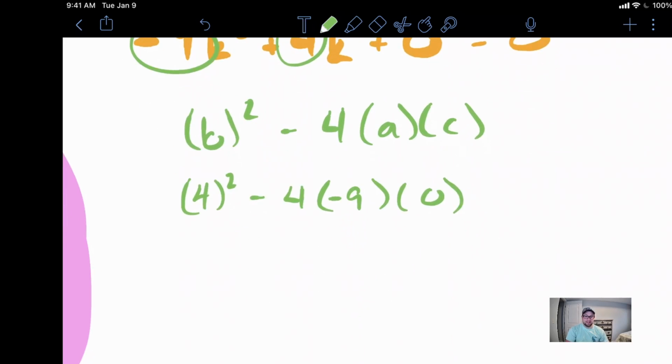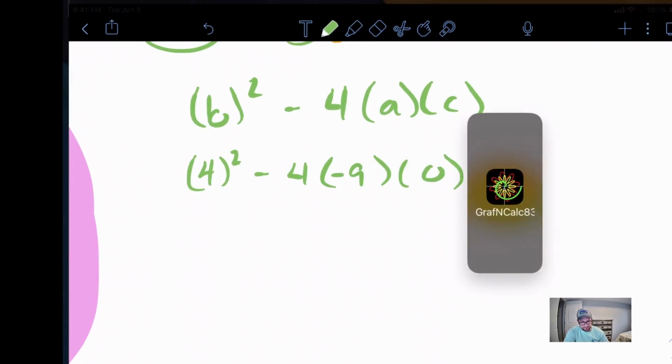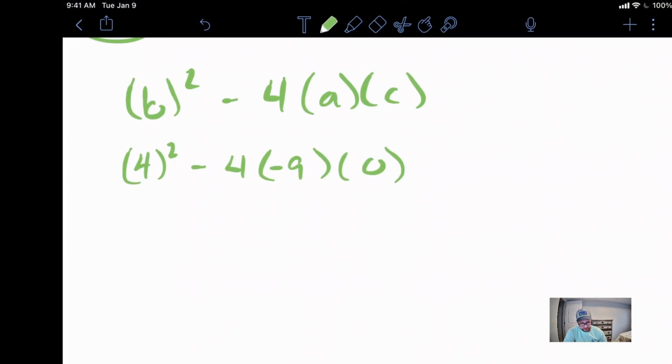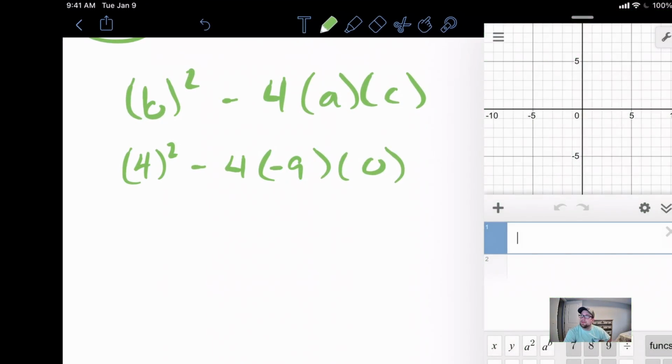The nice thing about this is we can use that calculator that I shared with you yesterday to actually solve this. I think I shared one that's going to look a little closer to this one. Desmos. There should be a link for it in your Schoology. If you're not finding it, be sure to let me know.